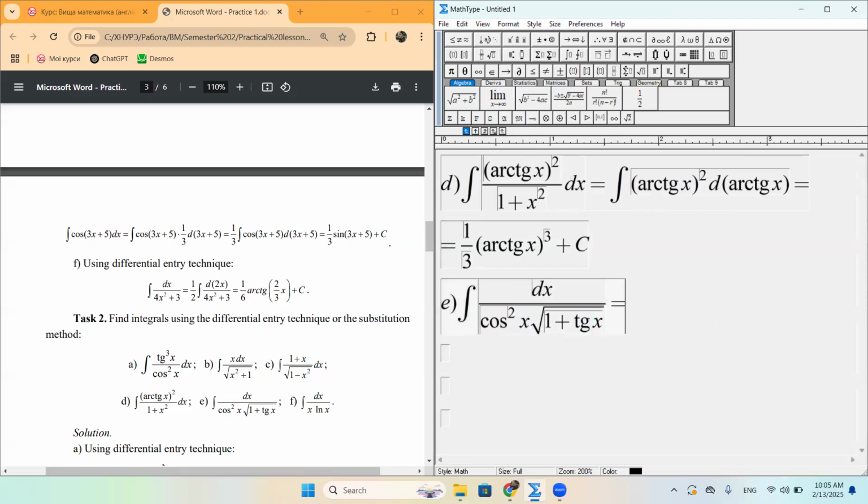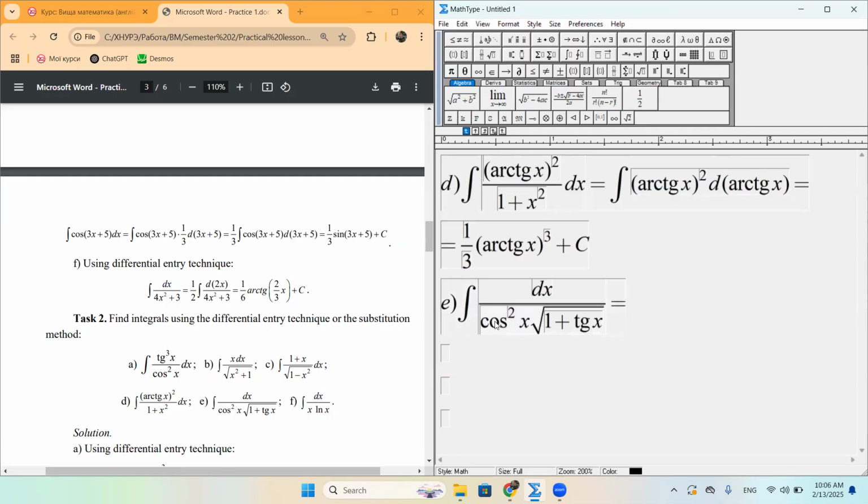How to simplify this expression? Which differential do you see of which function here? So no ideas.